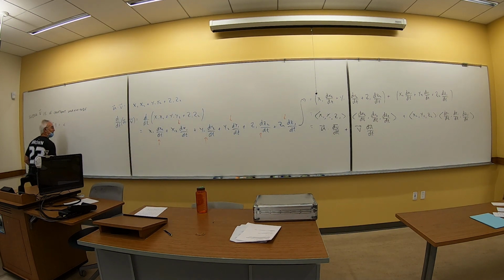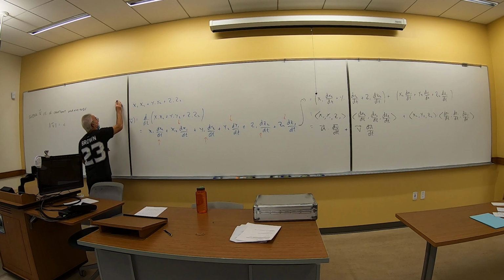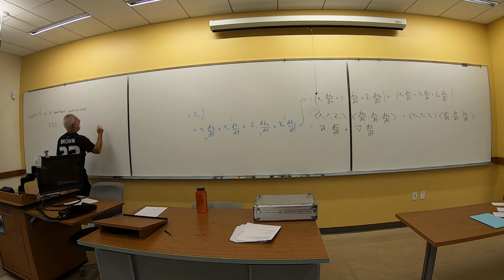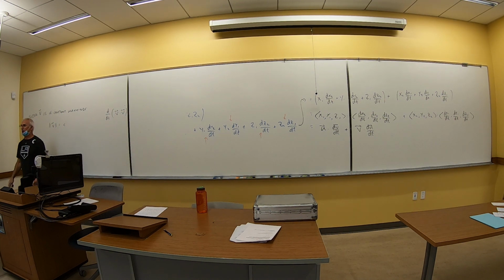Then what I want to do is differentiate. I want to do d dt of v dot v, the vector dotted with itself. Well, let's see.